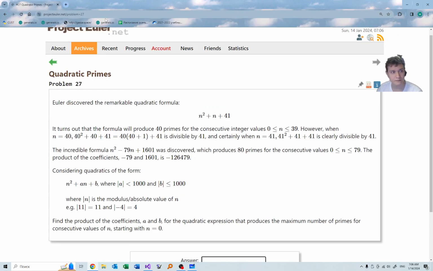Okay, let's go on. Euler discovered the remarkable quadratic formula. Turns out that the formula will produce 40 primes for the consecutive integer values of this segment. However, when n equals 40, it is not a prime. Okay, let's consider quadratics of this form. Find the product of coefficients a and b that produces the maximum number of primes for consecutive values of n starting with 0.